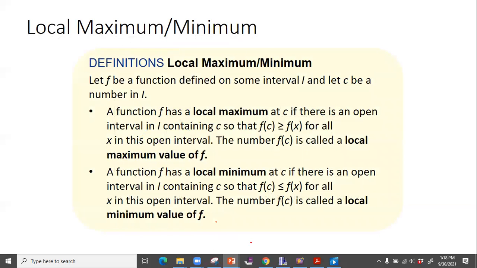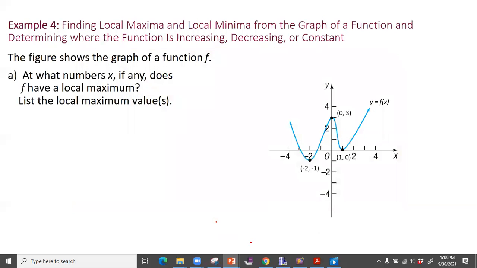Here's your formal math analysis definition of a maximum and minimum. A little more detailed than what I just told you, but it's basically saying on an interval, at what point does it increase and decrease? You can read through that. So here it says, at what numbers x, if any, does f have a local maximum?